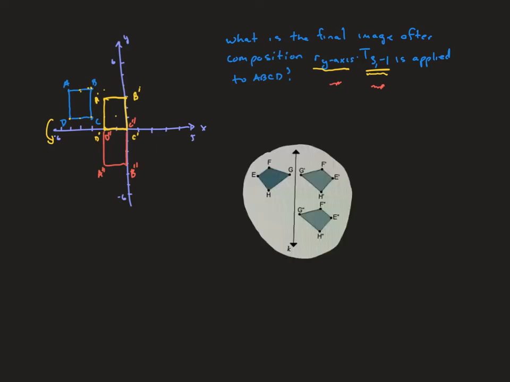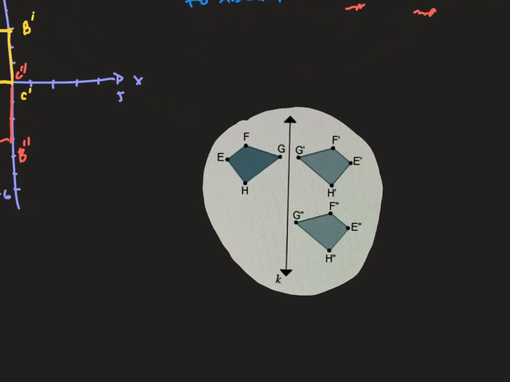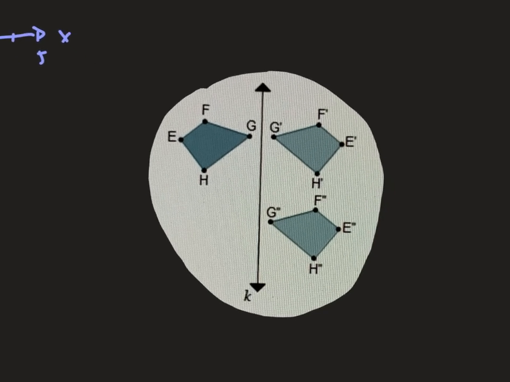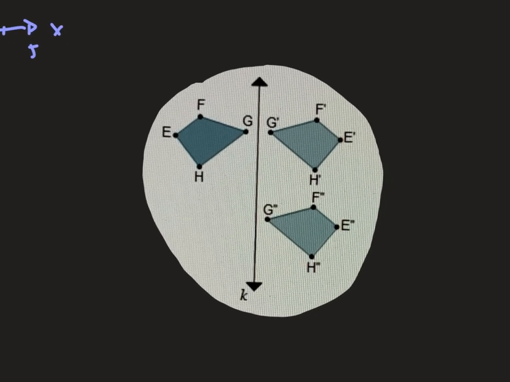Looking at this image independent of the previous example, what we have here is a composition. If you just look at some of the identifying features, we have just G here. Probably shouldn't do it in that color. And then we have G prime, and then we have G double prime.